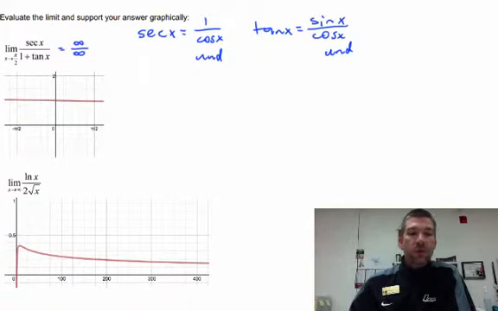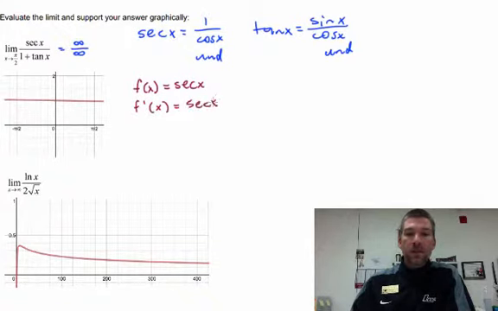What we're going to do then is take the derivative of both of these. So we'll let f of x equal secant x, and the derivative of secant x is secant x tan x. We'll let g of x equal 1 plus tan x.